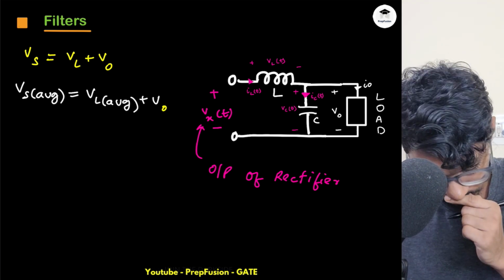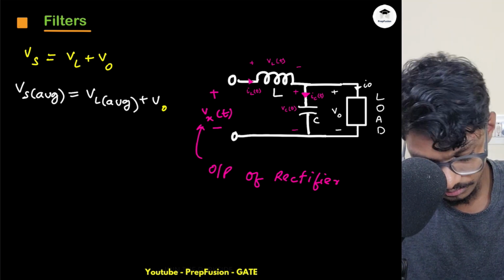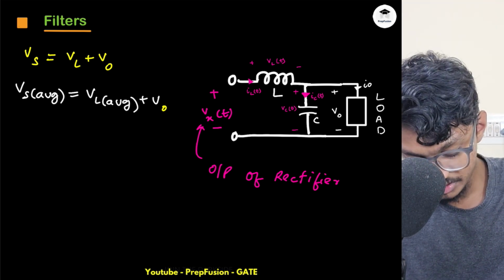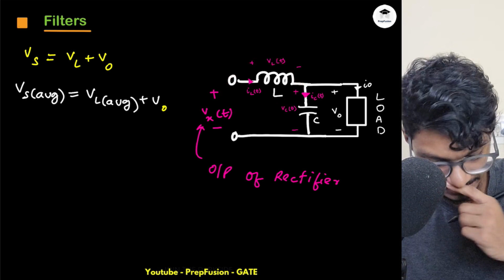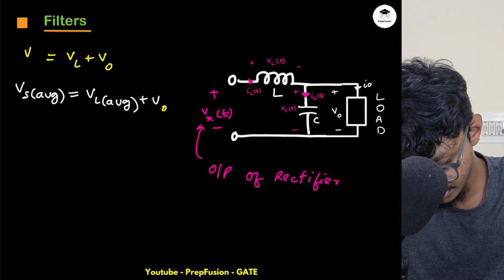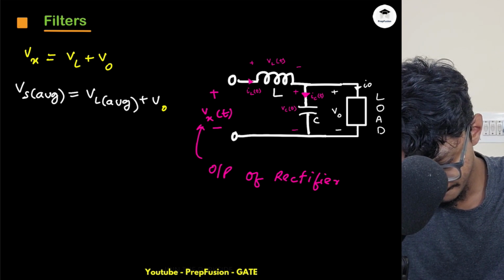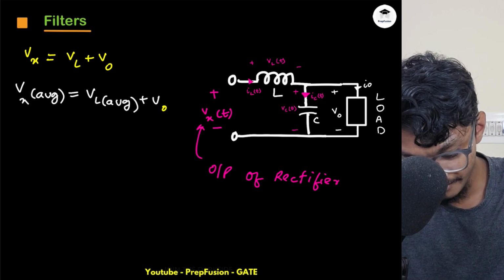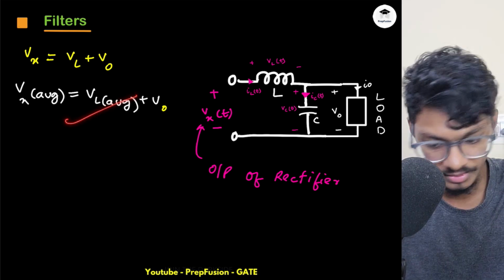Basically I told you we get ripples, and to fix those ripples we use these filters. This is my Vx. So my overall VL average will be 0 within a cycle.